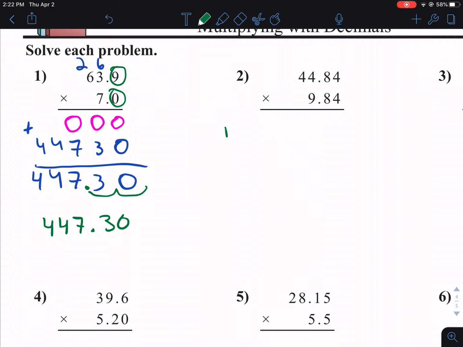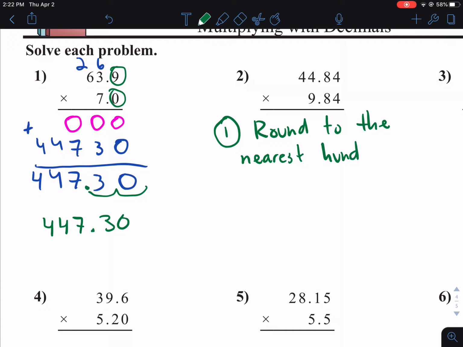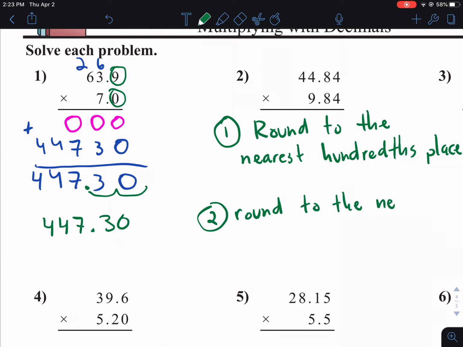The first rule, round to the nearest hundredths place. Number 2, round to the nearest tenths place.